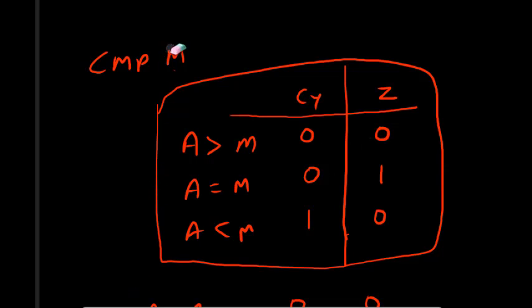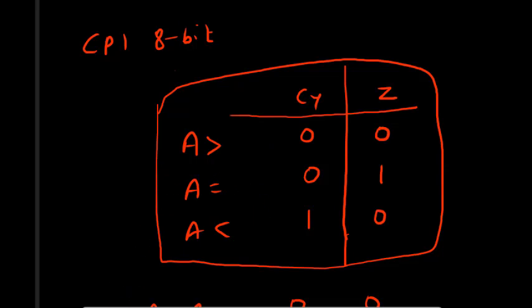Then we also have CPI 8-bit. The full form of CPI is compare immediate with 8-bit data. This is a 2 byte instruction. It is used to compare the contents of register A with the given 8-bit data. Now suppose we write CPI 19H.